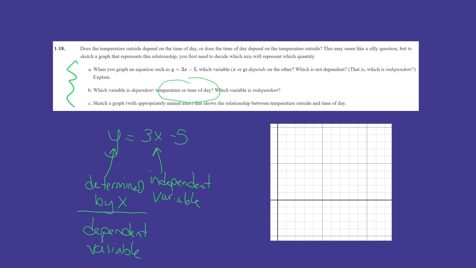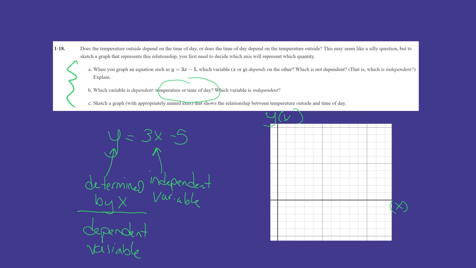So if I was to label an XY axis, so let's say this is our x-axis, and this is our y-axis. But if I was to worry about whether it's temperature or time of day, remember, temperature is determined by time of day.